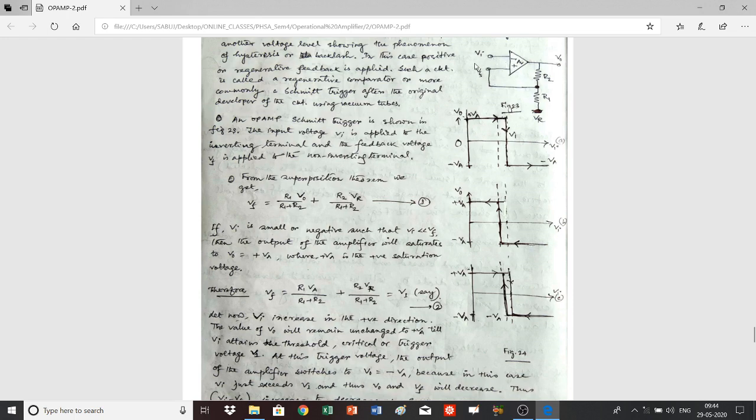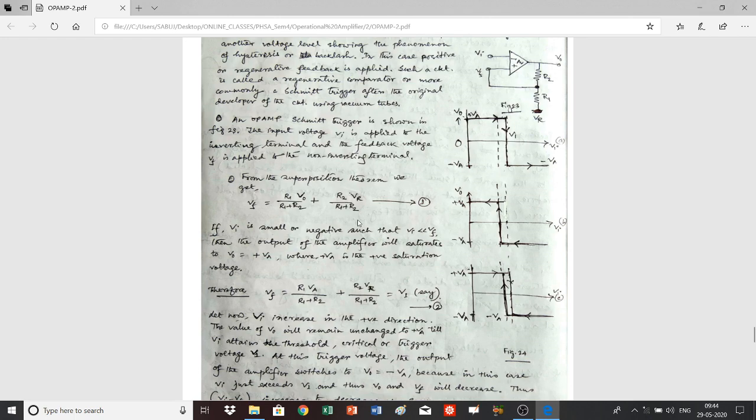And when Vi just crosses Vf, then Vi will be dominating in that case, and the output voltage V0 will switch to the negative saturation value.